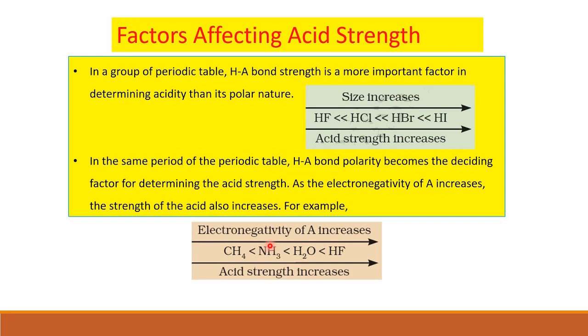Ultimately, what matters here: the one which gives H plus easily is the strong acid, the one which accepts the H plus is the strong base, the one which gives OH minus easily is the strong base, the one which accepts the OH minus is the strong acid.